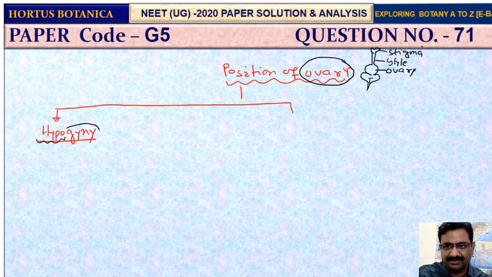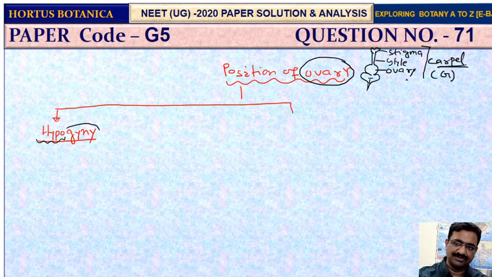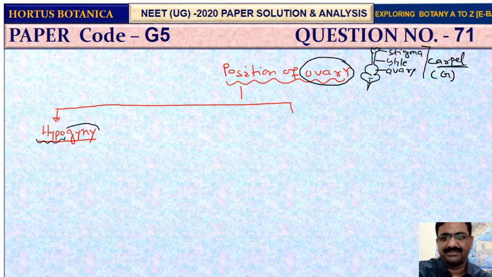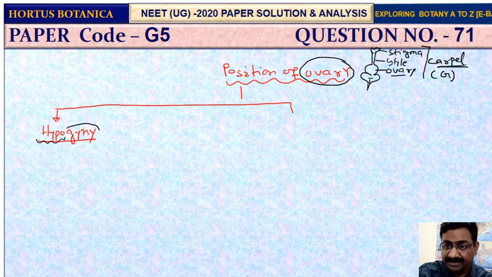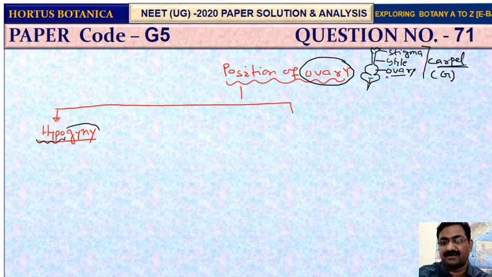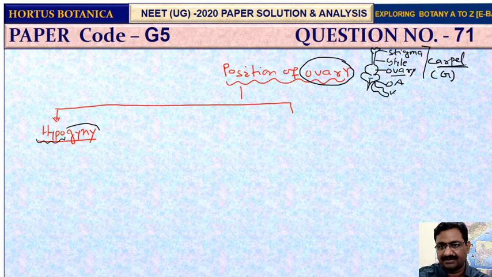This is nothing but your carpel or pistil, the structural unit of gynoecium. Now you have to talk about the position of ovary with respect to other floral whorls, that is, there will also be androecium, corolla and calyx.